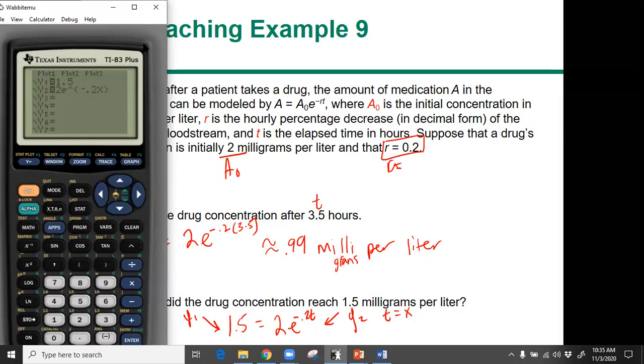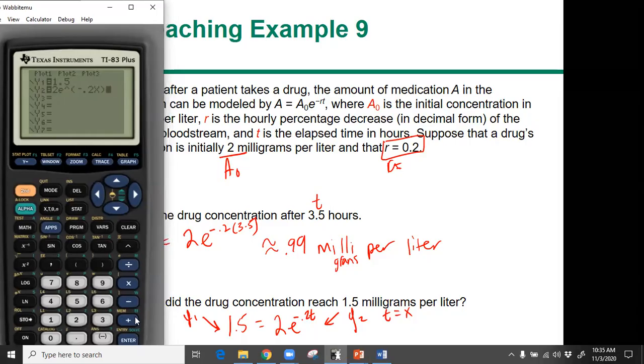Good? All right. And then I'm going to hit enter to make sure it's all good. And I'm going to go to my graph. When I go to the graph, I'm looking at what point they intersect at. That point of intersection is going to help me find my t. So second, trace, intersect.